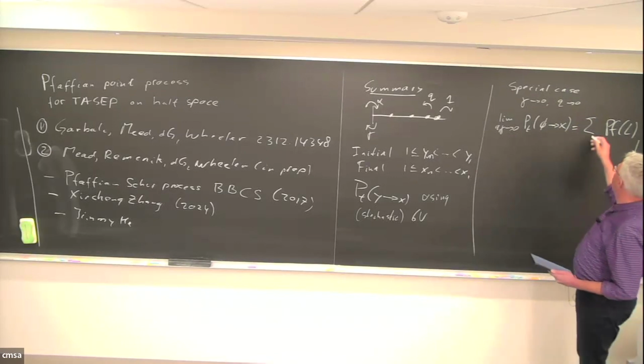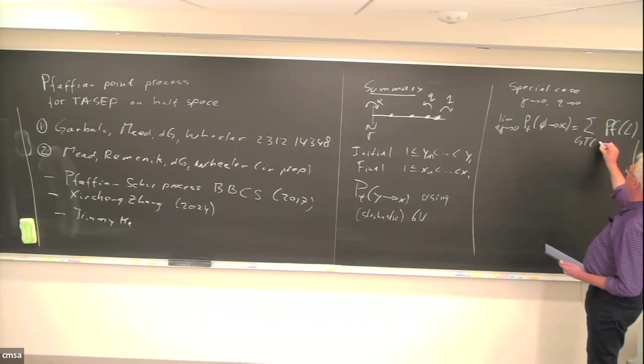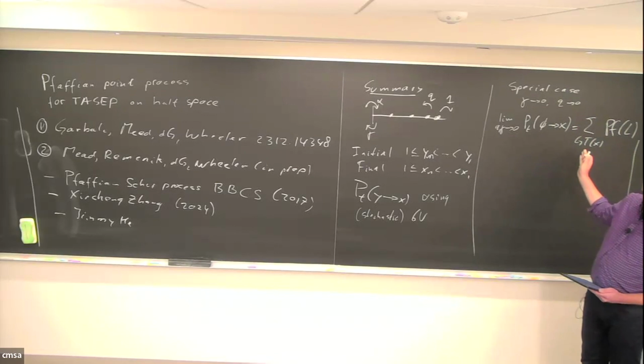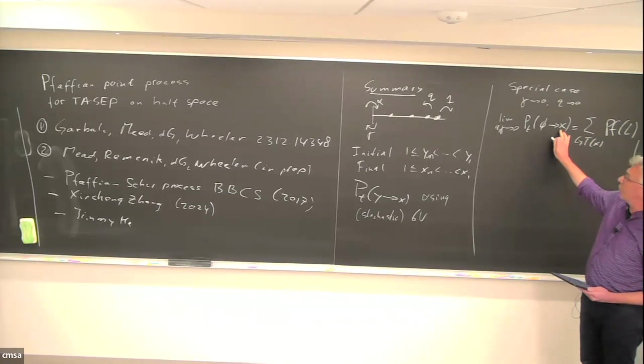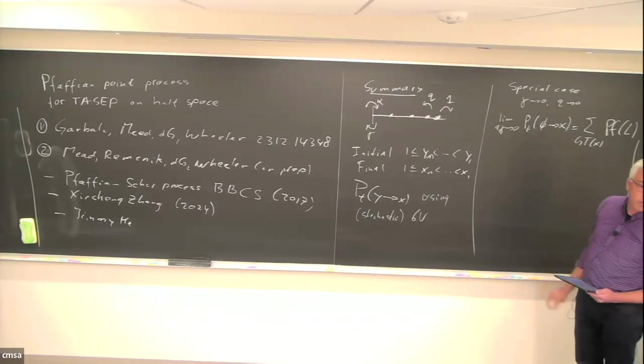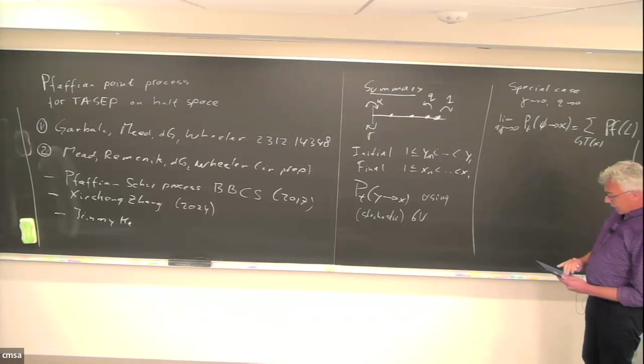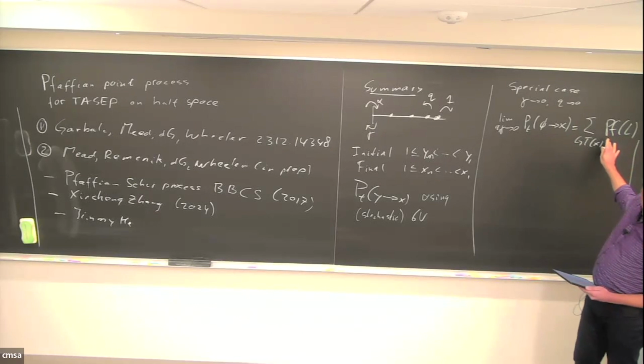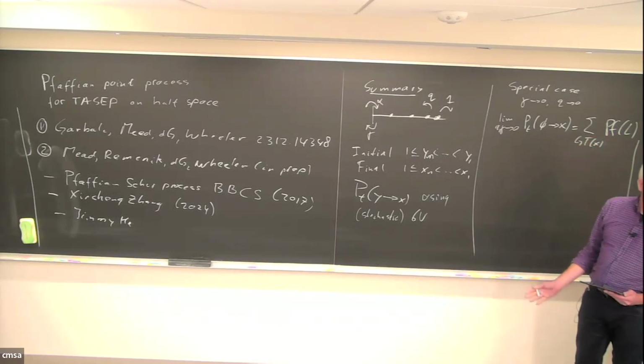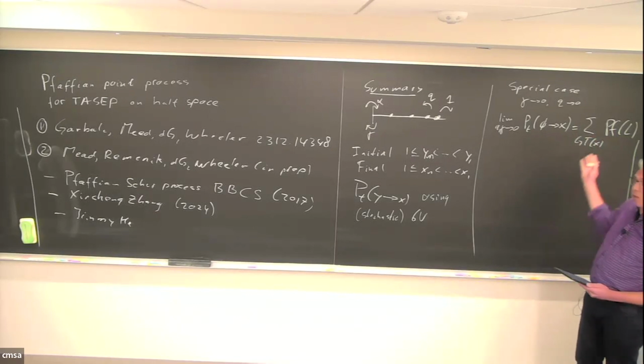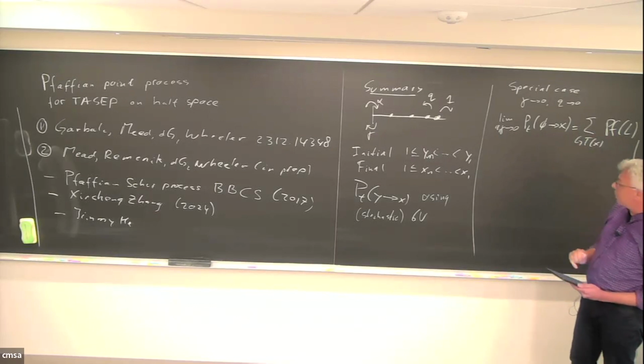And the sum here is over Gelfand-Tsetlin patterns, although a subset of Gelfand-Tsetlin patterns that are sort of related to the final coordinates x. And this is a Pfaffian point process, and that means that all your correlations can be expressed in terms of Pfaffians ultimately, right? There may be sums over Pfaffians, so that's sort of the added bonus of this construction. So we'll go to this.